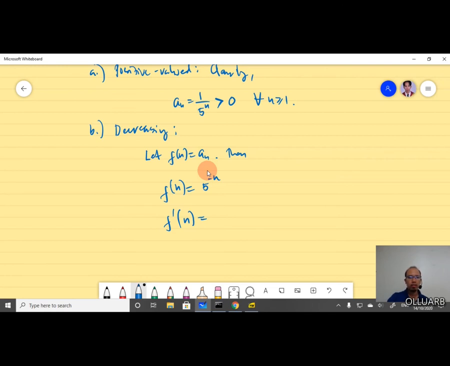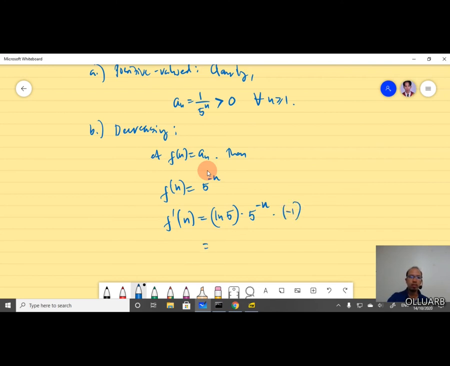This is an exponential of the form a to the x. If you recall your calculus 2, this is ln 5 times 5 to the negative n, then the derivative of negative n is negative 1.